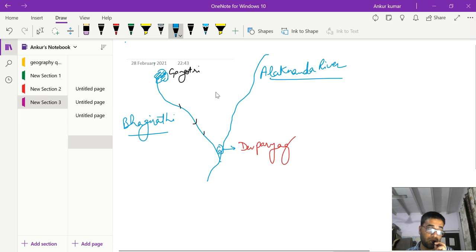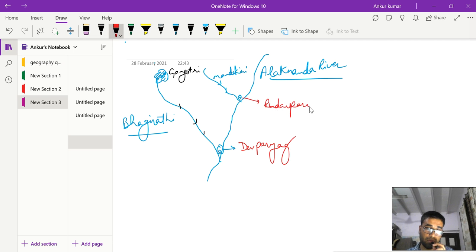Right. Alaknanda River is joined by Mandakini River at Rudraprayag. So this is Mandakini, and here this point is Rudraprayag.